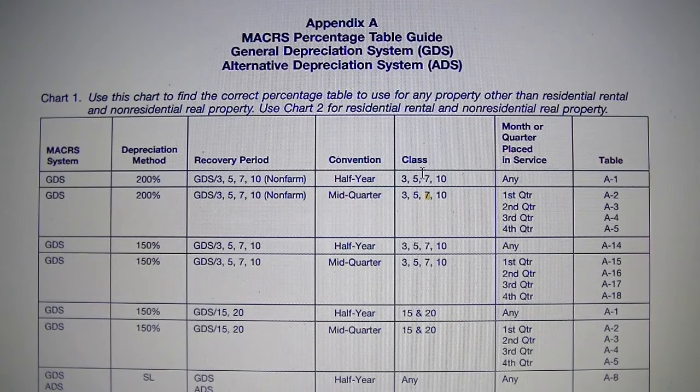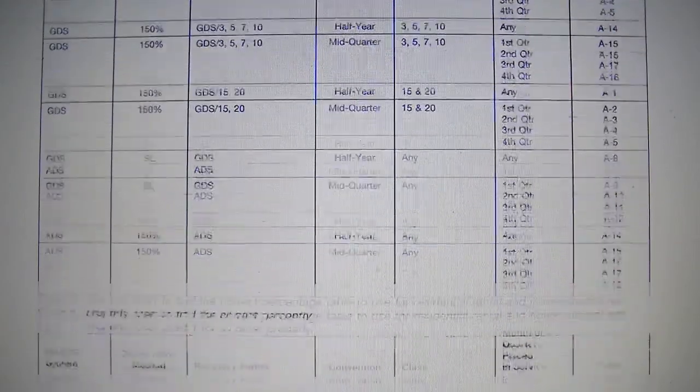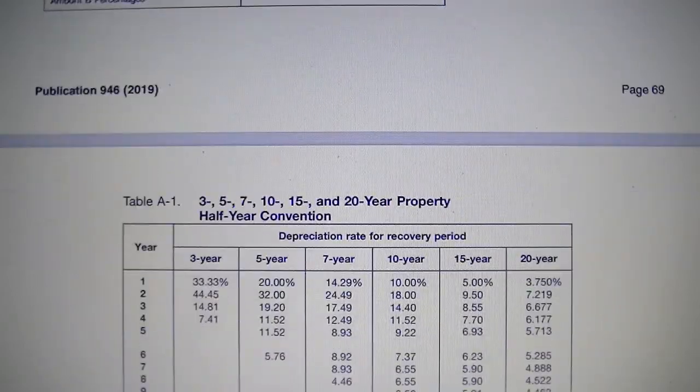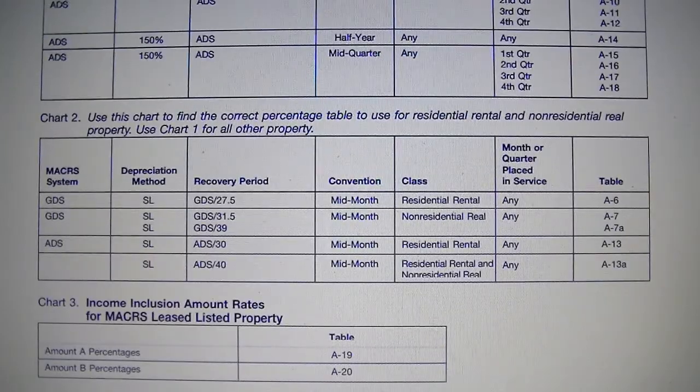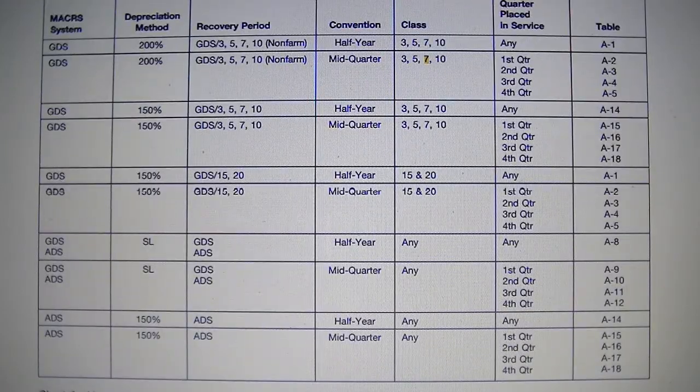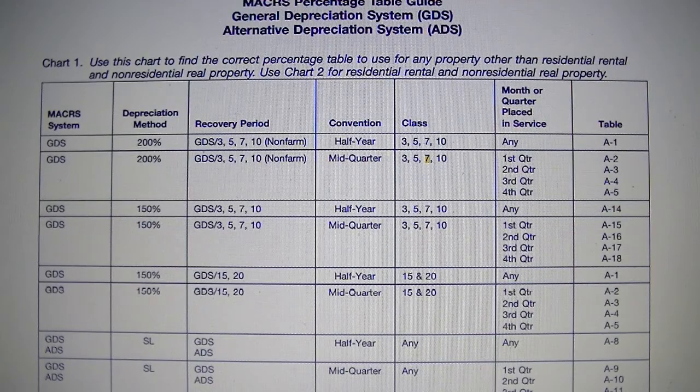It's going to match the asset class, and you'll decide on the convention depending on the quarter you place your asset in service, to be able to find the rate table to use. And when you find the rate table name, you scroll down to that rate table to use it. So I can use an example here to illustrate what we just talked about.